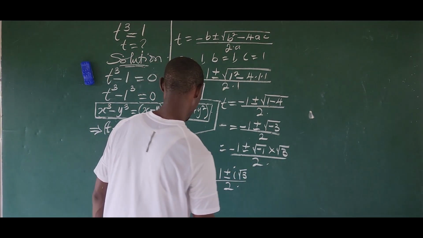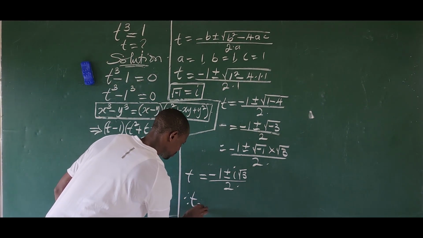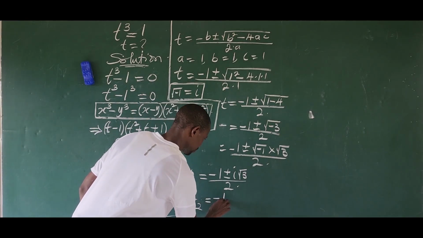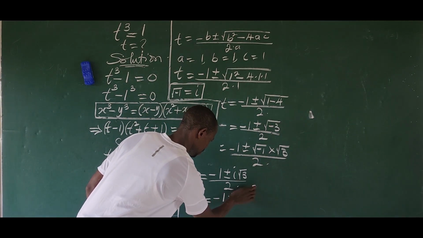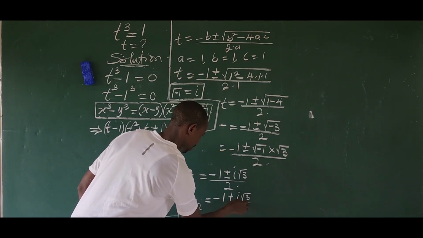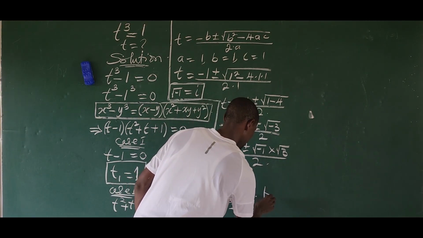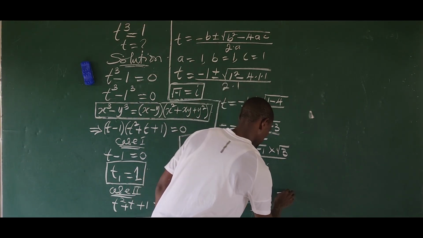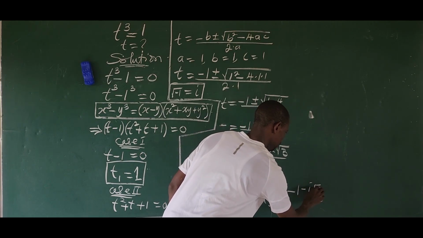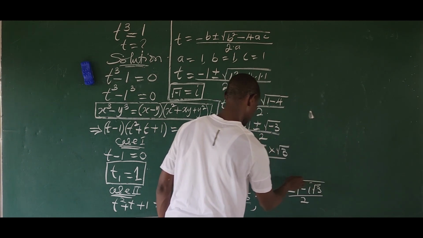So let's bring out our two values from here. Therefore, t2 will now be equal to minus 1 plus iota times the square root of 3, all over 2, and t3 is equal to minus 1 minus iota times the square root of 3, all over 2.